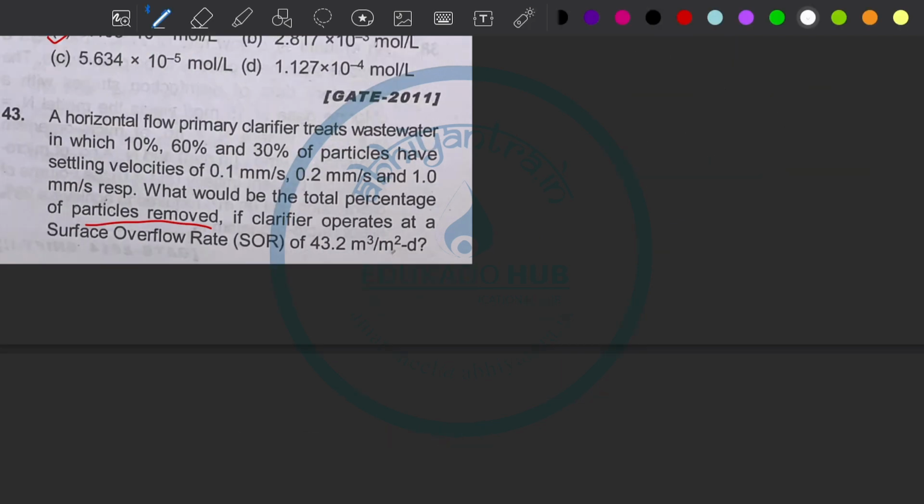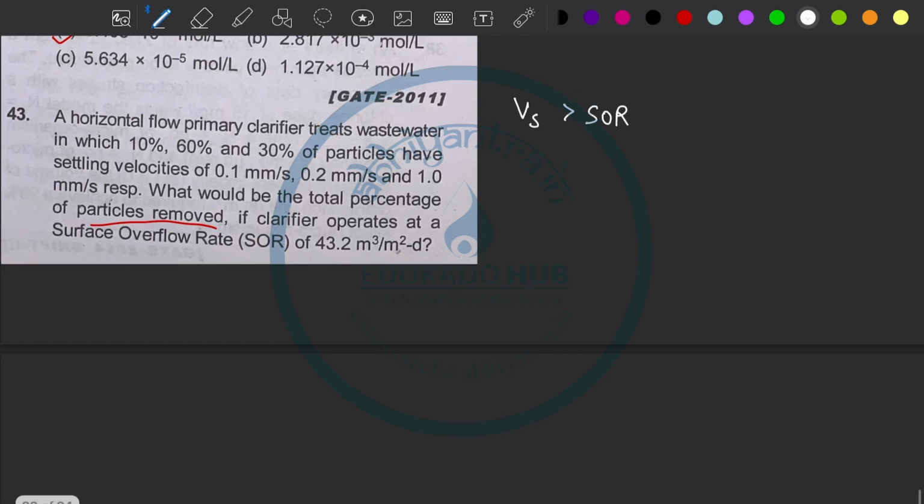If settling velocity of any particle is more than the surface overflow rate, then the particle will be settled down, right? So I can say that it is 100% removal. Efficiency is 100% if the settling velocity is greater than the surface overflow rate.